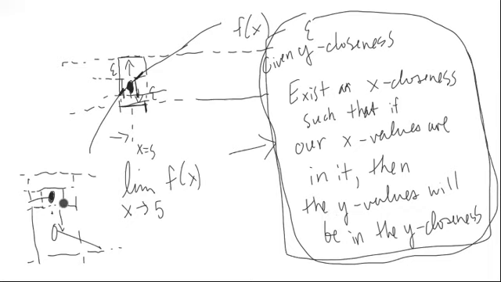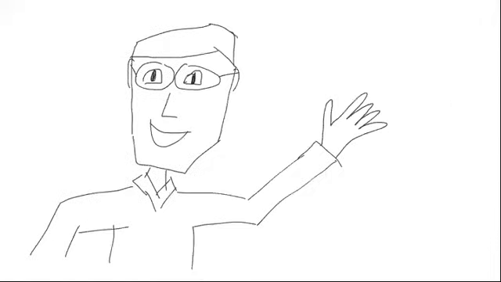In the next video, we'll actually write out some inequalities that go through this idea. So we're not just saying y closeness and x closeness, but we're actually using inequalities that mean these things. Thanks for watching.